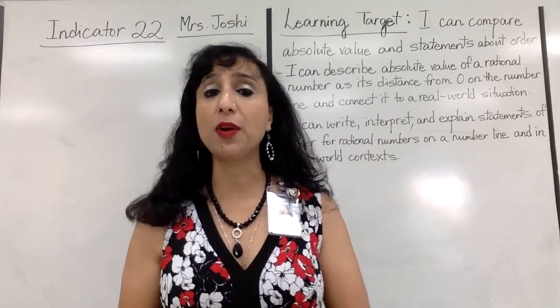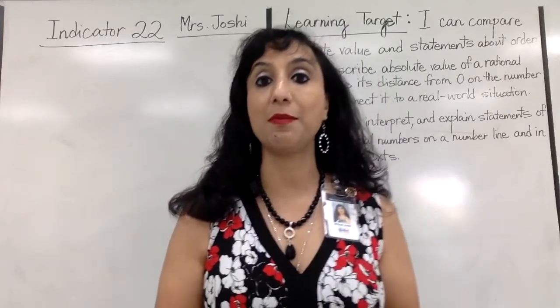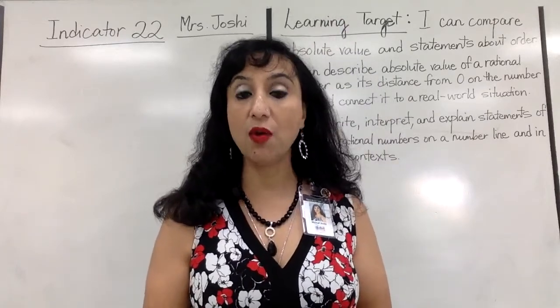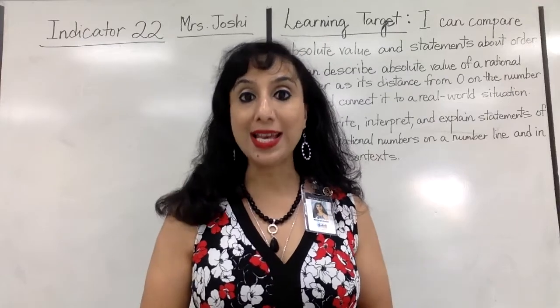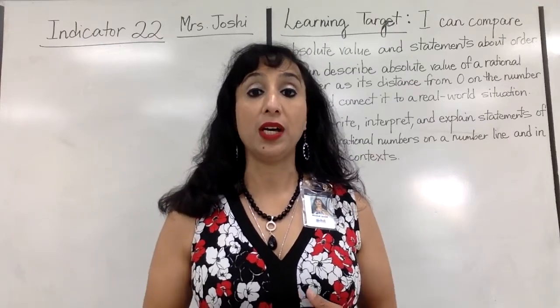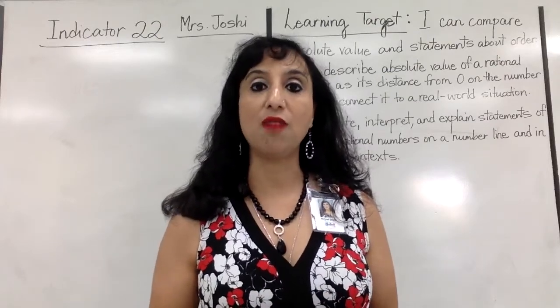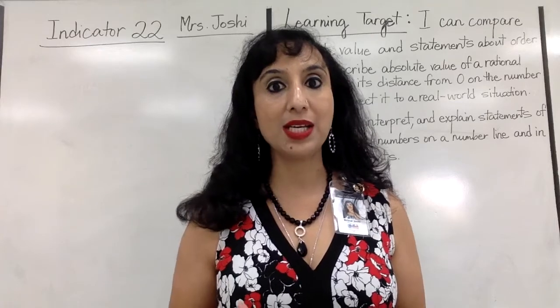Just a quick review from yesterday. Positive integers or positive numbers are numbers which are greater than 0. Negative numbers are less than 0. Then you have an integer, which does not have a fractional part, so it consists of whole numbers and its opposite.